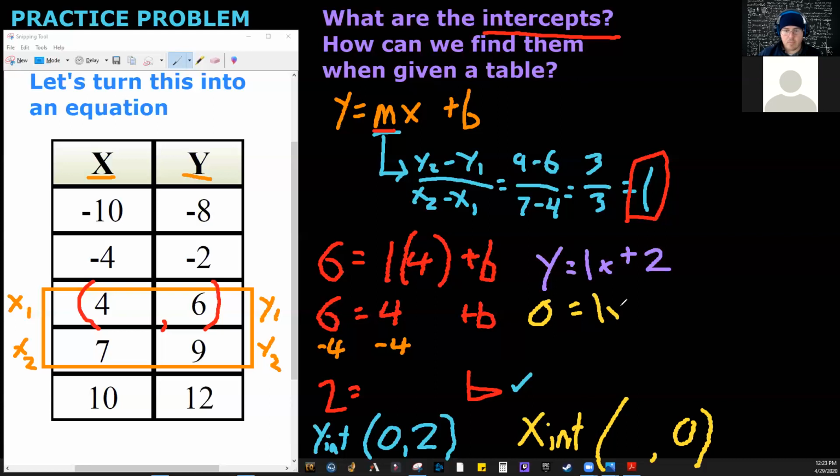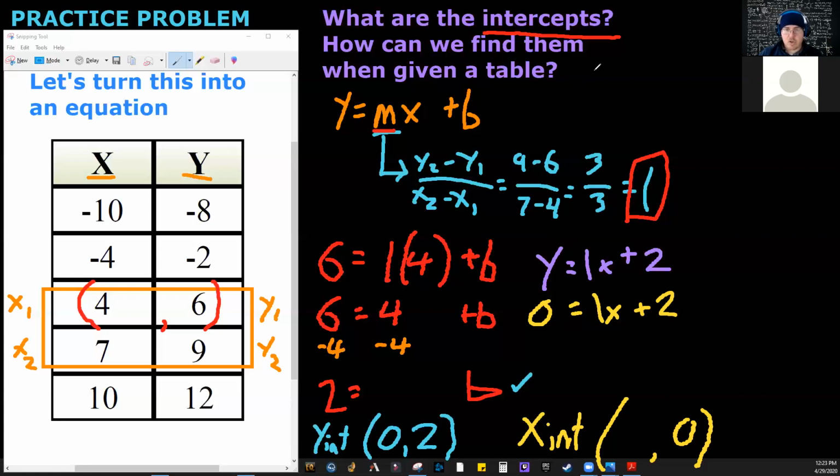That's good enough. So 0 equals 1x plus 2. Again, I know that x-intercepts have y values of 0. So I took my equation for this line, put a 0 in for the y value, and now I should be able to figure out what x is.